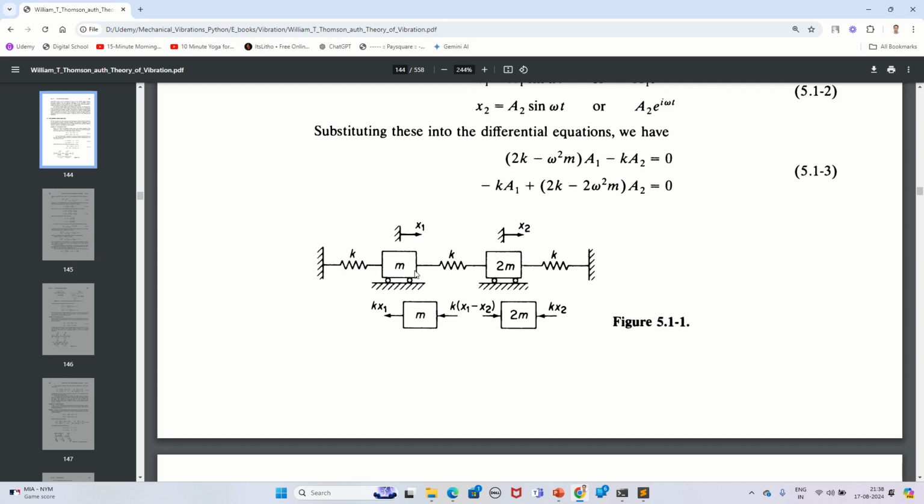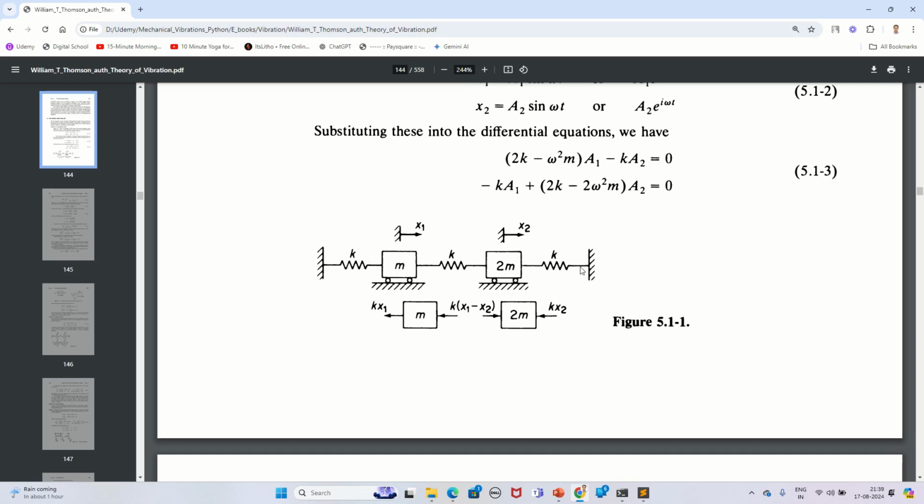It has two masses, one with mass m and the second with mass 2m, connected by three springs. All of them have stiffness k.